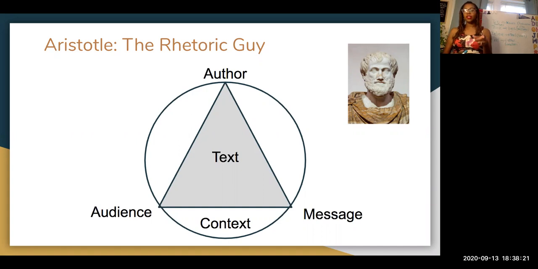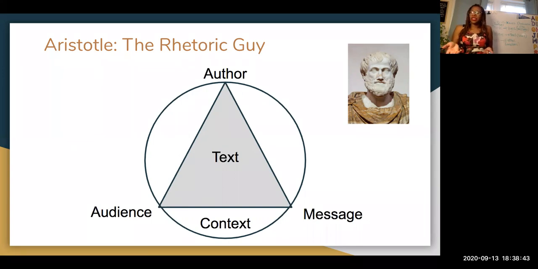And then we have in the last corner here, audience. Audience is connected to our pathos appeal. I need to know my audience in order to know how to get to their emotions. When you're talking to your parents, because you've been around them long enough, you know how to talk to them, when to talk to them, right? Because you know your audience well.